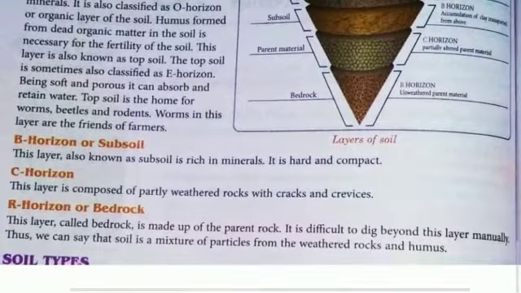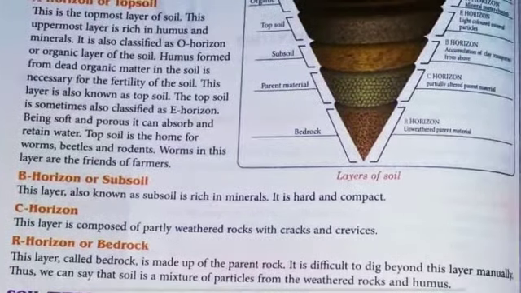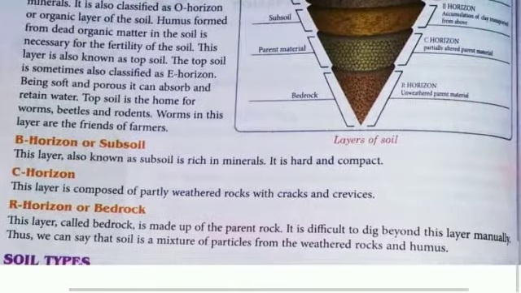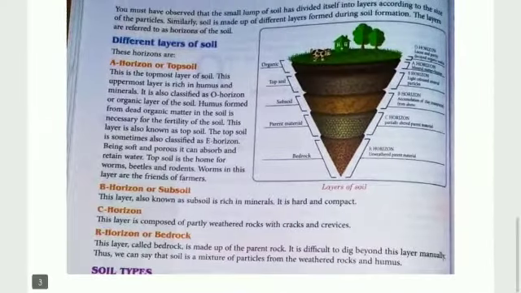Okay, these are four layers of soil: A horizon, B horizon, C horizon and R horizon, or you can say topsoil, subsoil, parent material and bedrock. Okay, this is all for today. This is important in the soil chapter, layers of soil. So just remember this forever.